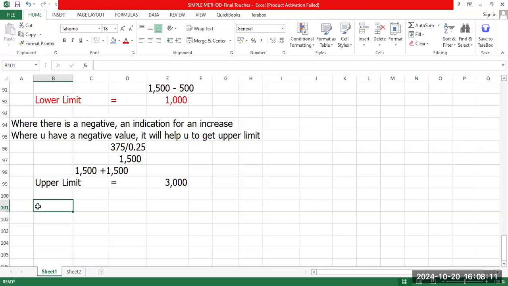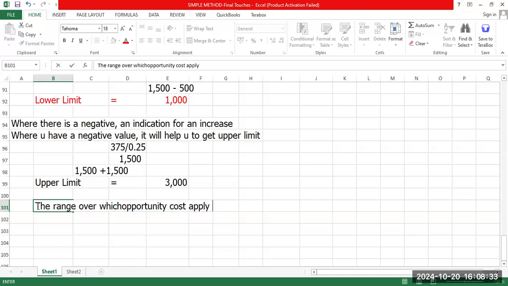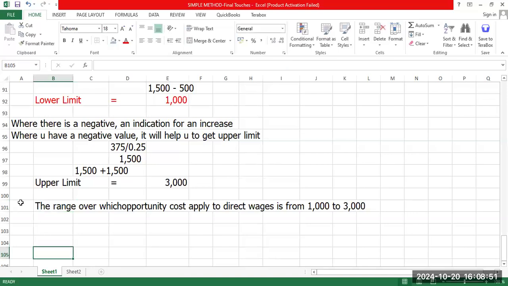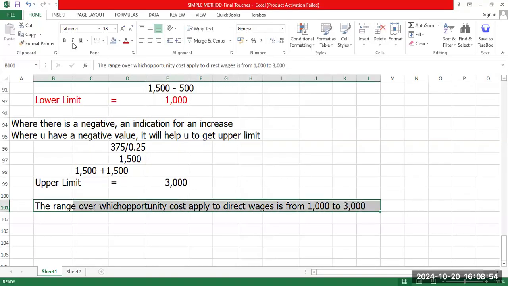This implies that the range over which opportunity cost applies to direct wage is from 1,000, that is the lower limit, to 3,000. And you are done.